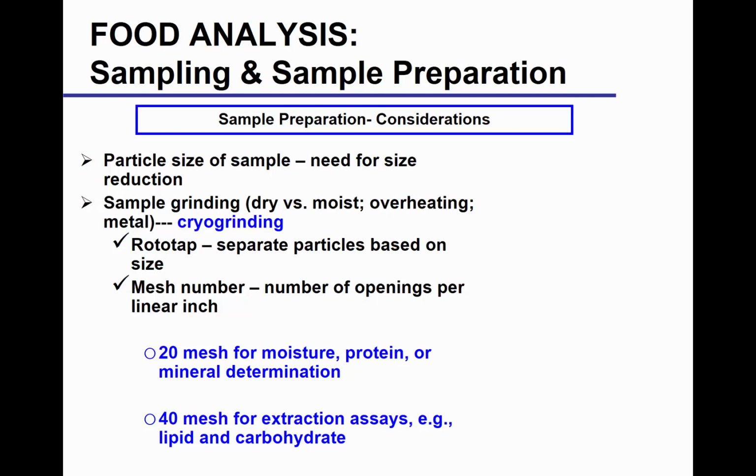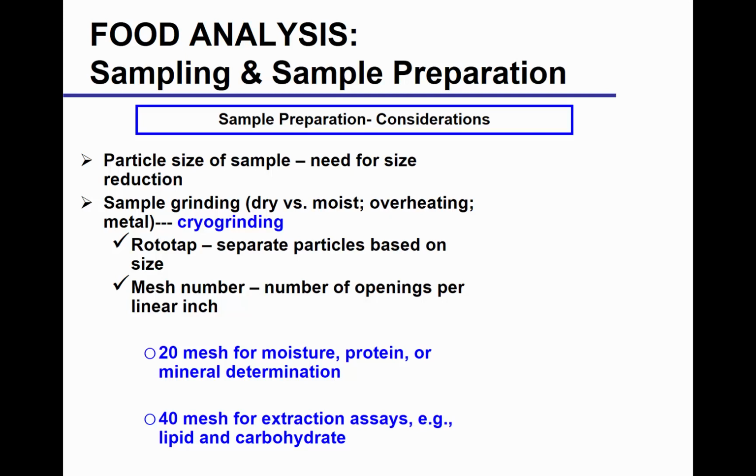That means you grind it when it's frozen or with dry ice. So this way you will eliminate the loss of moisture when you grind and the stickiness problems, and also loss of like fat sticking on the sides, and then you will have an underestimation of fat and moisture.